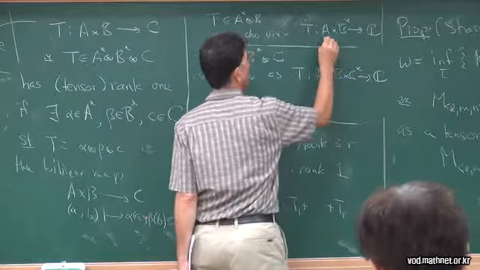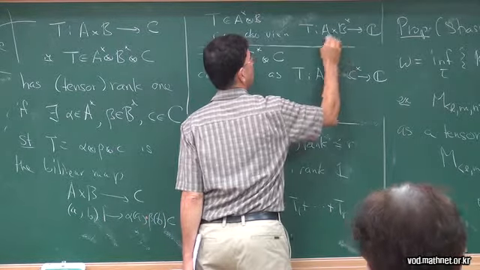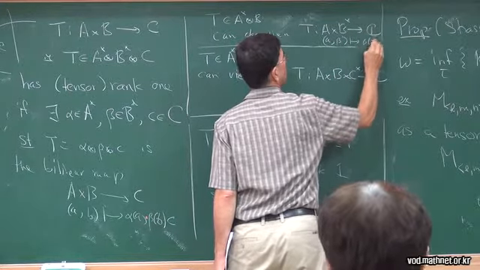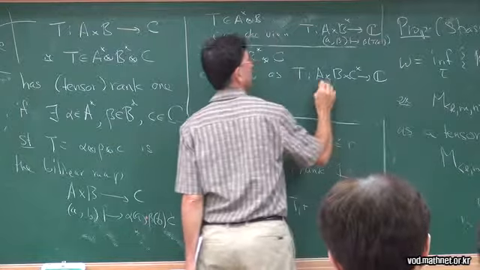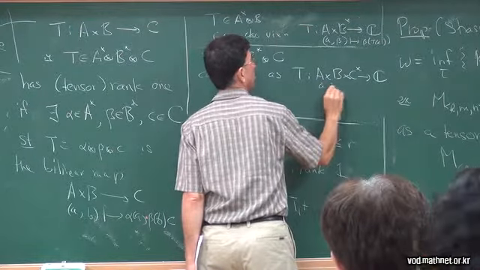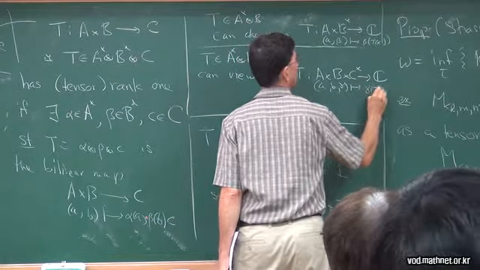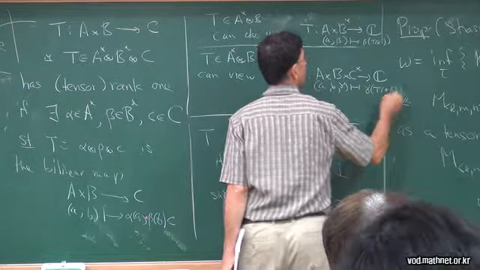Namely, here I would have A and beta maps to beta of T of A, and here similarly A and B and gamma would map to gamma of T of AB.